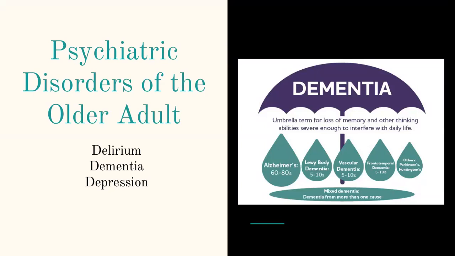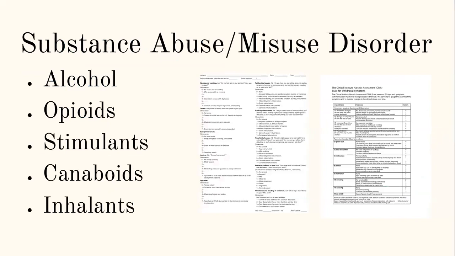And our main treatment for dementia is going to be increased supervision, keeping them on a strong schedule, helping them retain what memory and function that they have, as well as providing them with anticholinergic medications.